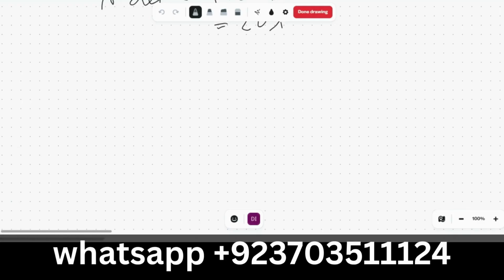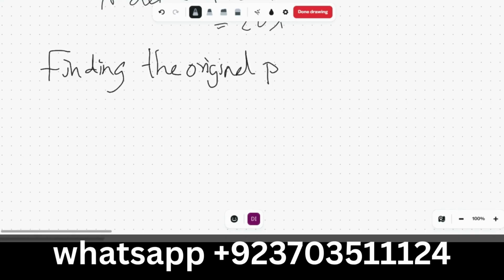Now finding the original price, if they have not given you the original price, how are we going to find it? The formula for that is simple.